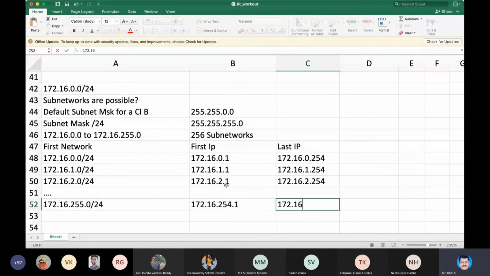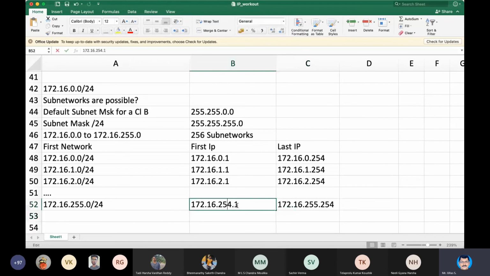This is supposed to be 255. So when you have the network address, when you have the broadcast address, you can easily say the last octet has to be 255 in all these cases. The host bits have to be 1. That is a basic rule.